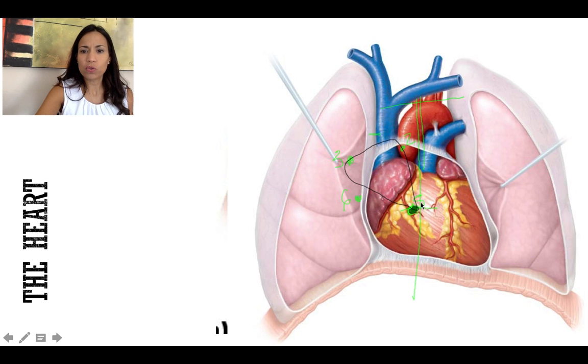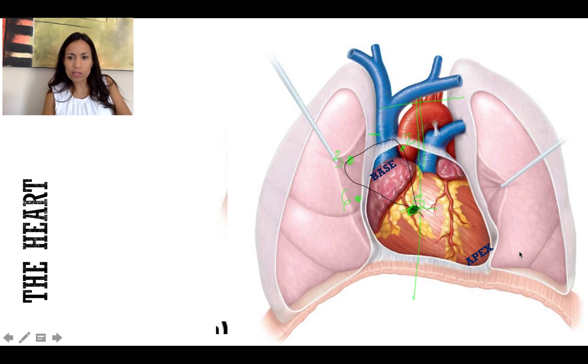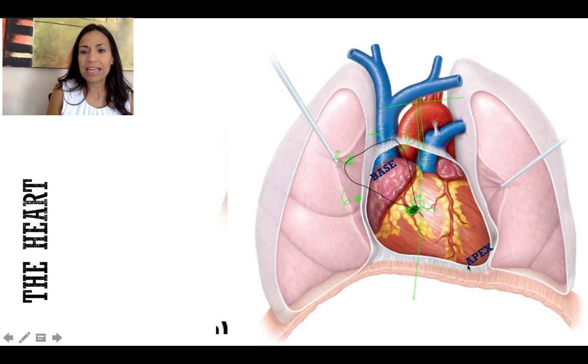Look at that. This is the base, this is the apex, located in between the right and left lungs, in the middle, but tilted towards the left side and resting right on top of the diaphragm.